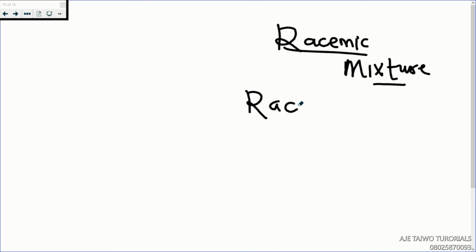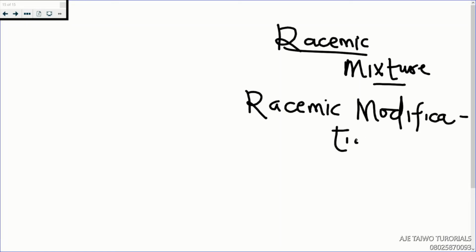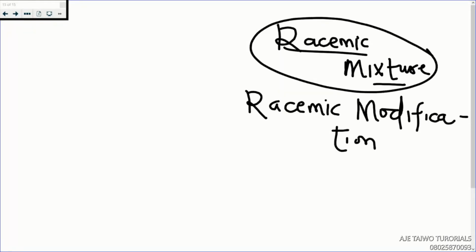Is known as racemic modification, or racemic mixture.